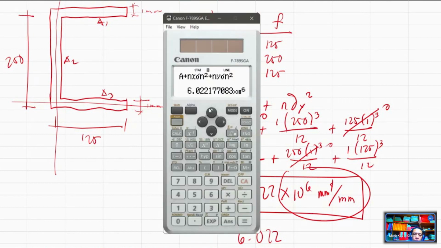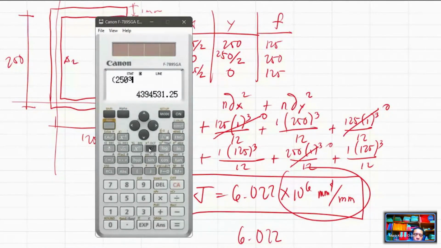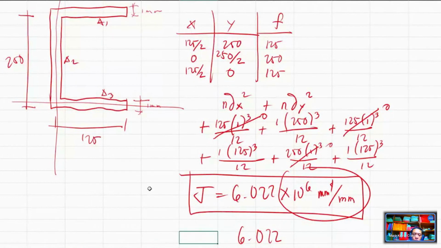Okay, let's try to solve that. The result should be the same: 6.022 times 10 raised to 6. So it will not change. If it changes, it is negligible, because this term is only about 10, and for the 250 divided by 12, it is only about 20.